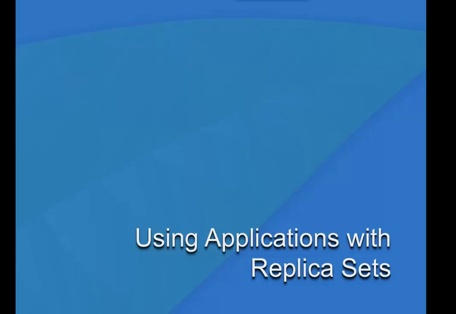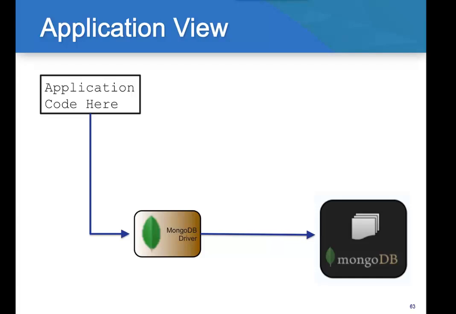So, having talked about this as cassettes, I have two more advanced topics I want to get to. One is talking about how your applications will use the replica set. The application's view of MongoDB: the application code that you write is going to go through one of the MongoDB drivers in order to connect to your MongoDB instance.